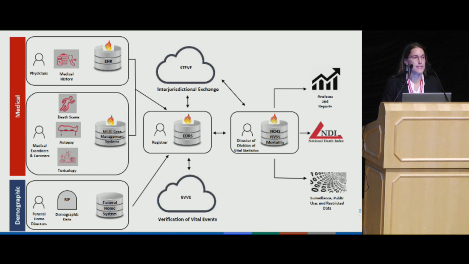All of that gets aggregated at the state level, gets exchanged intrastate and across state boundaries, and ultimately gets aggregated by the National Center for Health Statistics, where we take the literal text that's written on death certificates, code it according to the International Classification of Diseases, and send it back to partners who use it to try to solve the challenges in their communities.